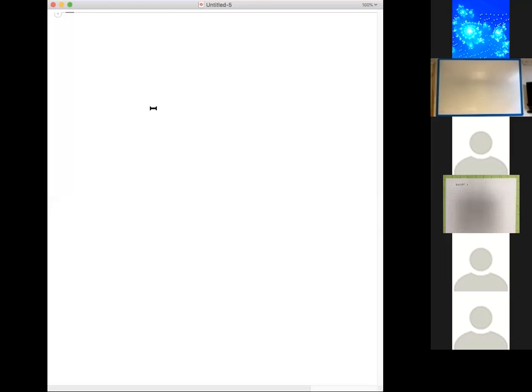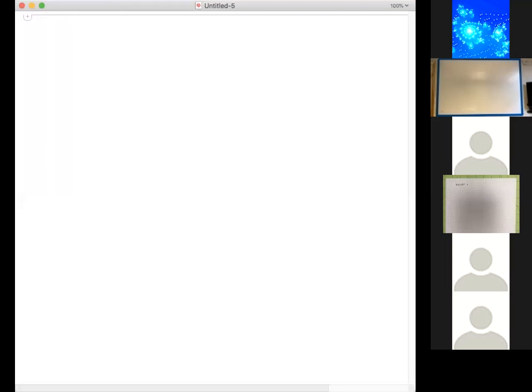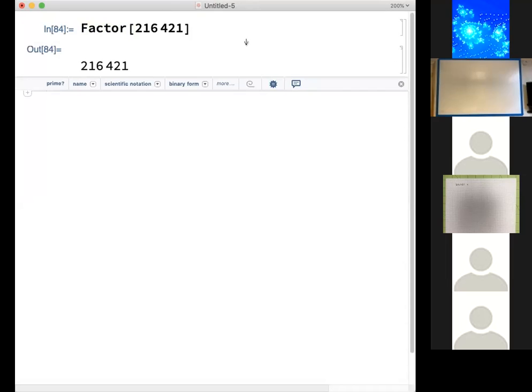So just for kicks, let me run this into a computer program. Let's say factor 216,421, and let's see what the calculator says.